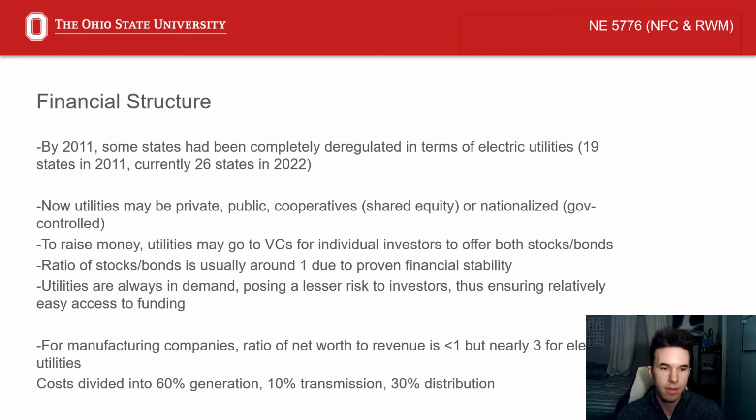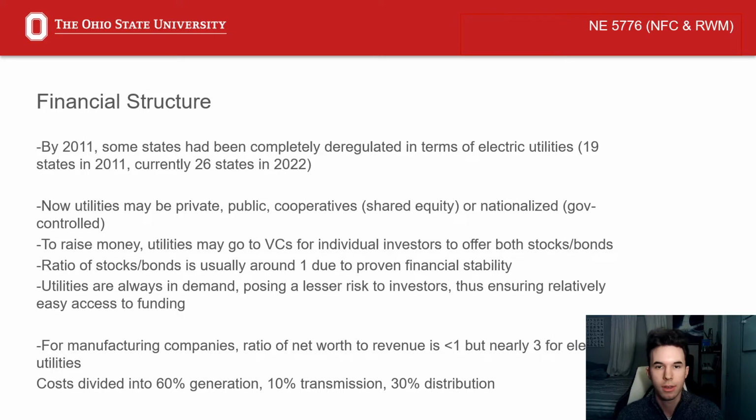So 19 states were deregulated in 2011, and that number has been updated to 26 states as of this year. So we're now over half of all existing states. That number is expected to rise over time.